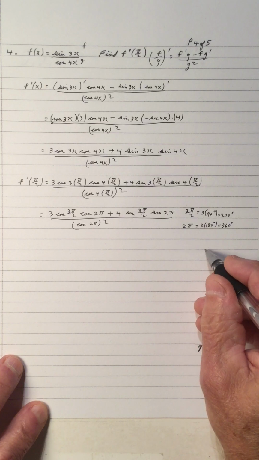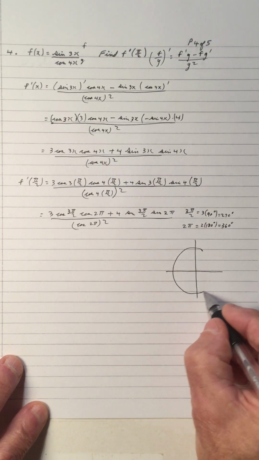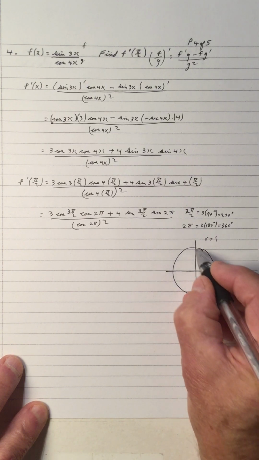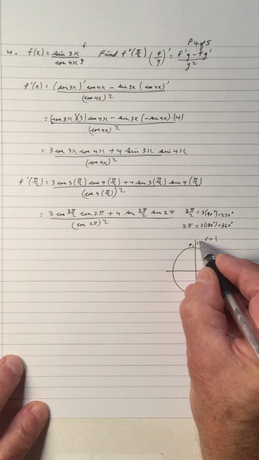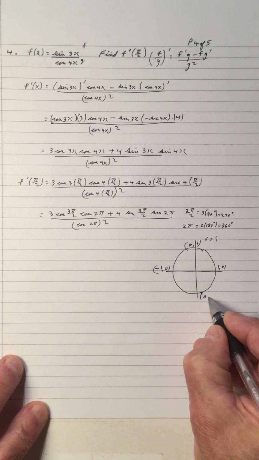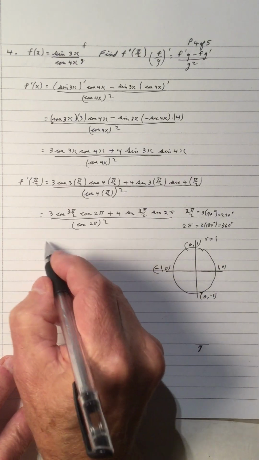So if we go to the unit circle, whose radius is 1, we have (1, 0), (0, 1), (negative 1, 0), and (0, negative 1).